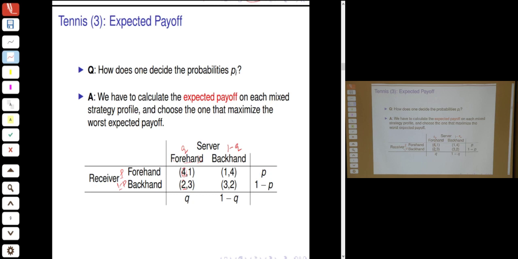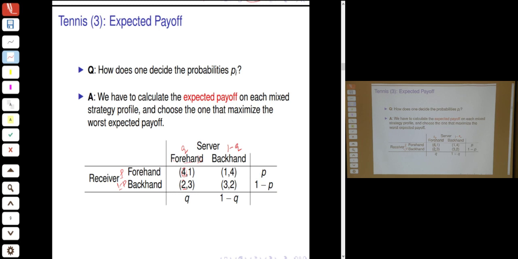Even though the server is fixed at a particular pure strategy, the payoff for the receiver is still a random variable, but you can calculate the average or the expected payoff for this random variable. You can use this expected value as a representation of the payoff which the receiver can expect if the server plays forehand.